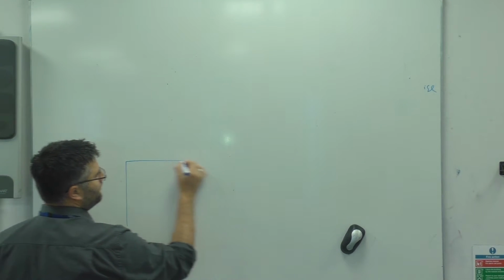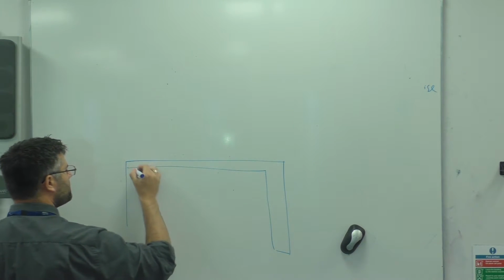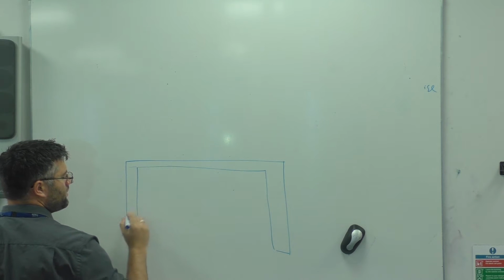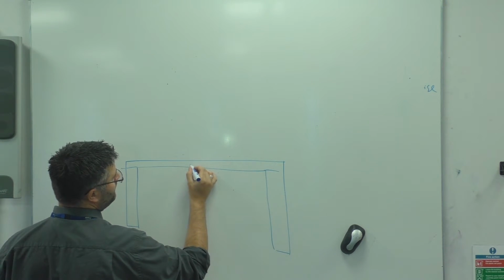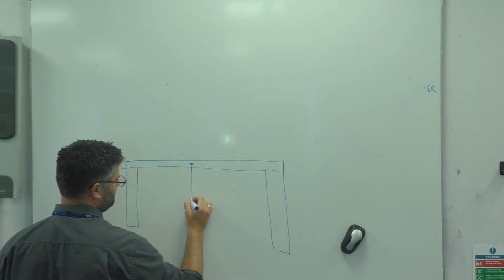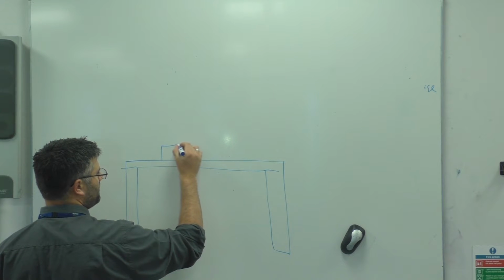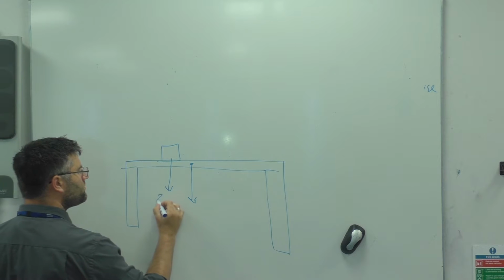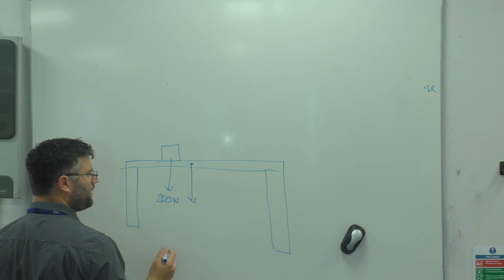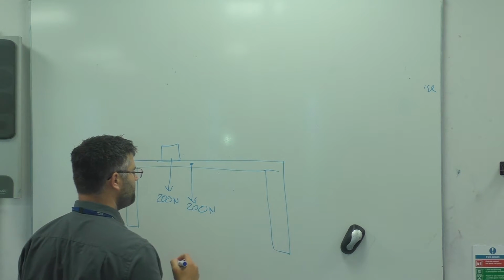So, we've got two supports that are holding up a beam. Box on. Now the box weighs about 200 newtons and the beam itself weighs about, I'll say, another 200 newtons, make it nice and simple.